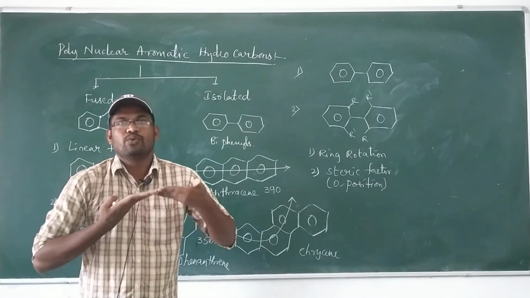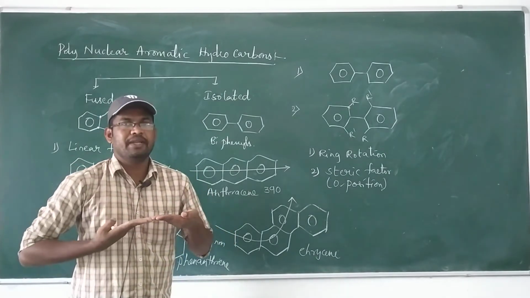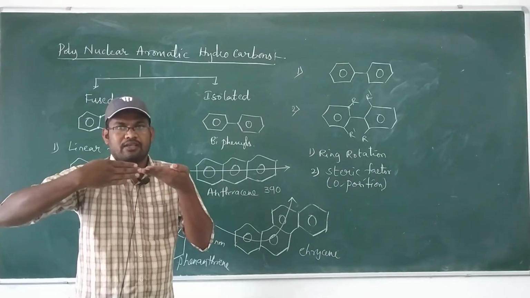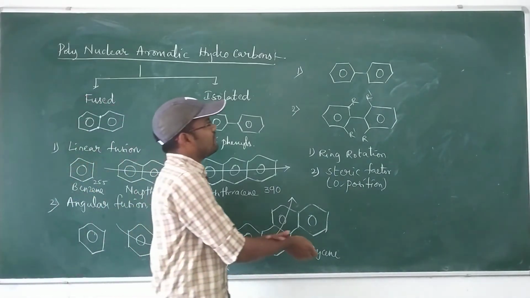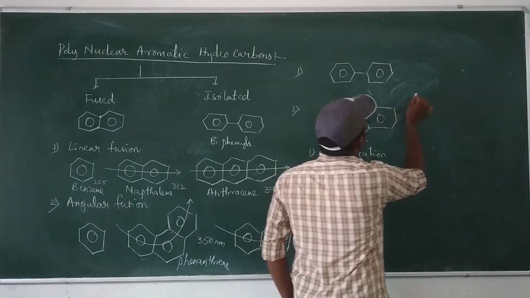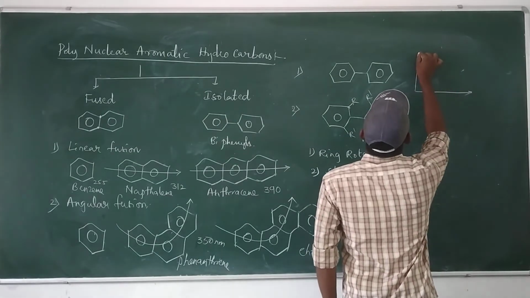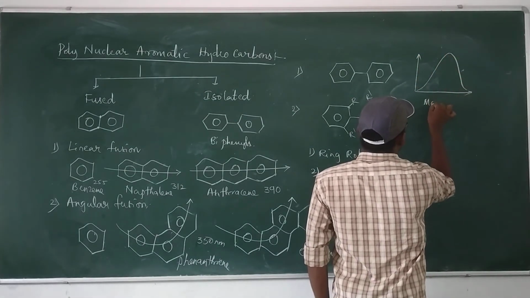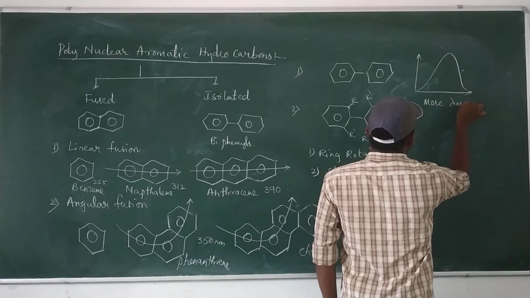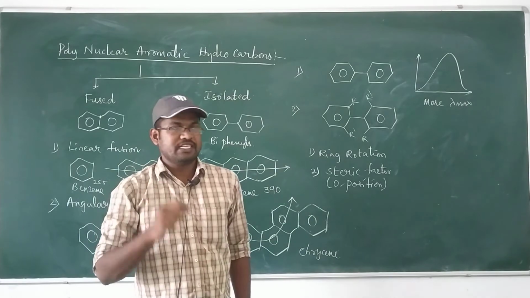In the first case, with the two rings in plane, they give only one band with a higher lambda max value, because conjugation is energetically free.